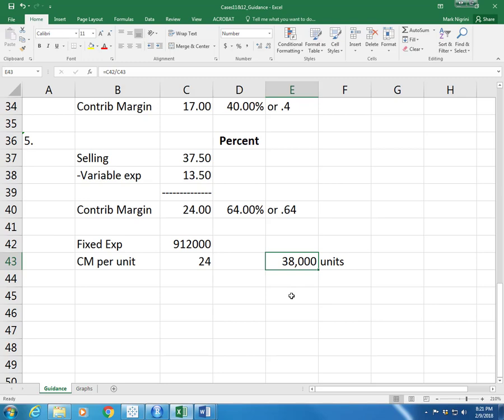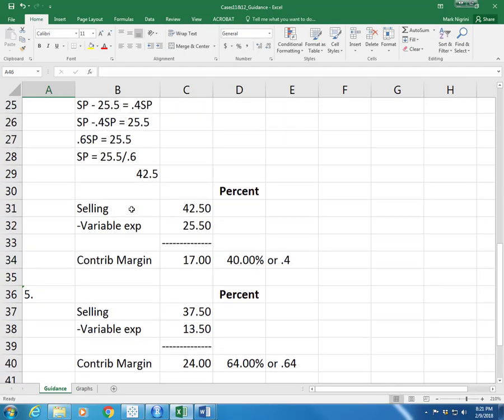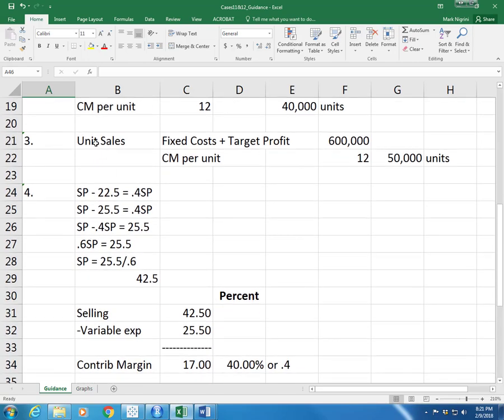Number 6. If the new plant is built, how many skateboards to earn the same net operating income? So we go number 6 over here. And now, it was this one over here.